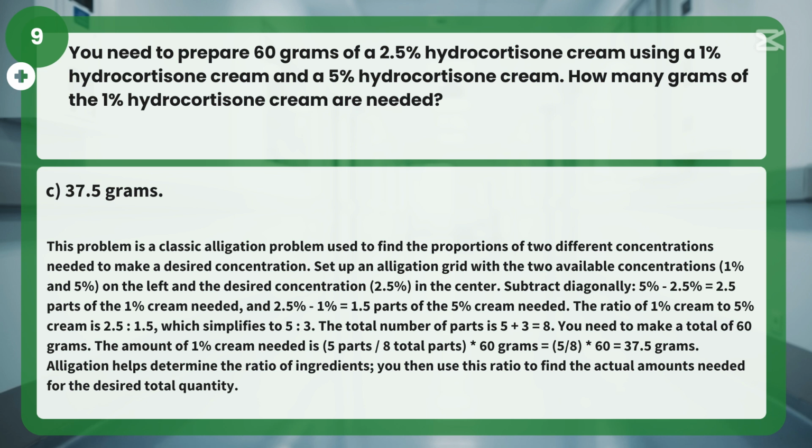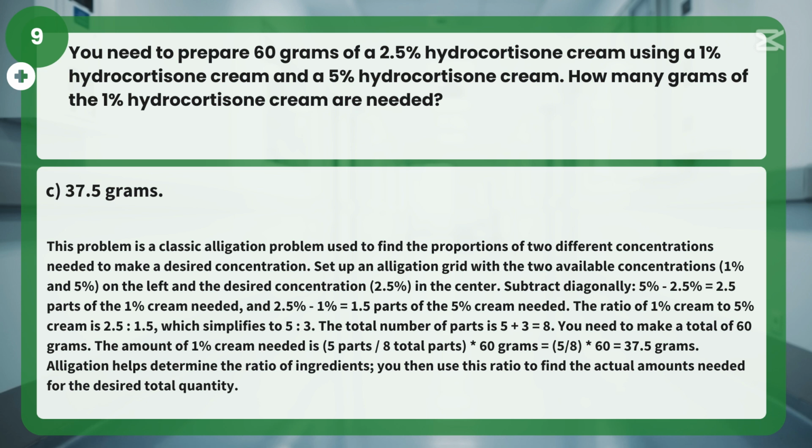Subtract diagonally. 5% minus 2.5% equals 2.5 parts of the 1% cream needed, and 2.5% minus 1% equals 1.5 parts of the 5% cream needed. The ratio of 1% cream to 5% cream is 2.5 to 1.5, which simplifies to 5 to 3.